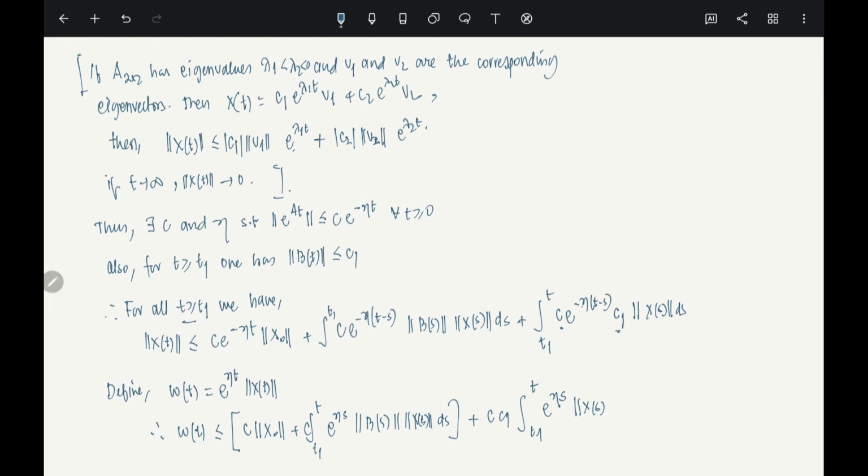I am doing some mistake somewhere. No, x of s ds, no? E to the power eta t times norm, see, e to the power eta t times x of s is w of s, right? Sorry, there are a lot of terms, right? So I am getting confused. So this is x of s, sorry, w of s ds.